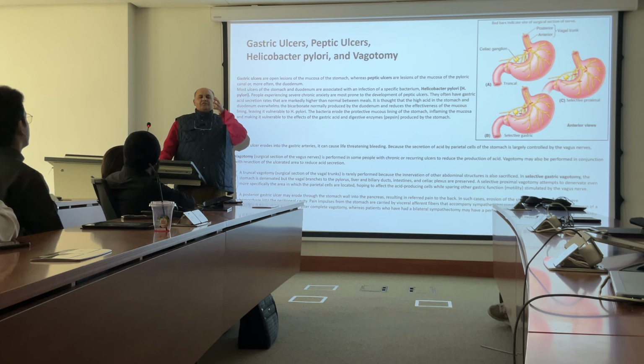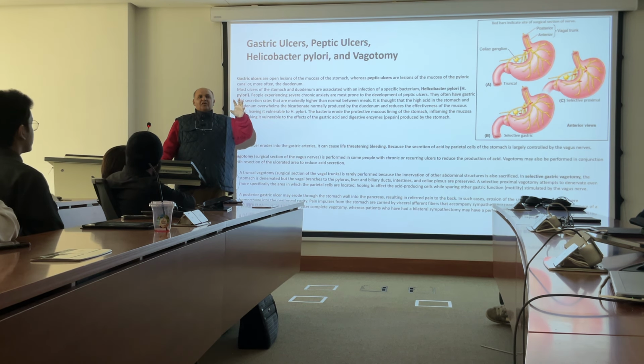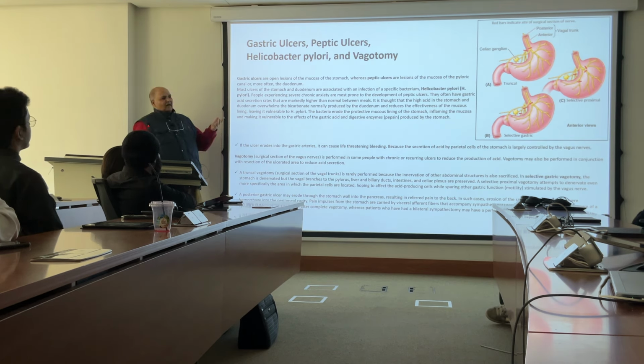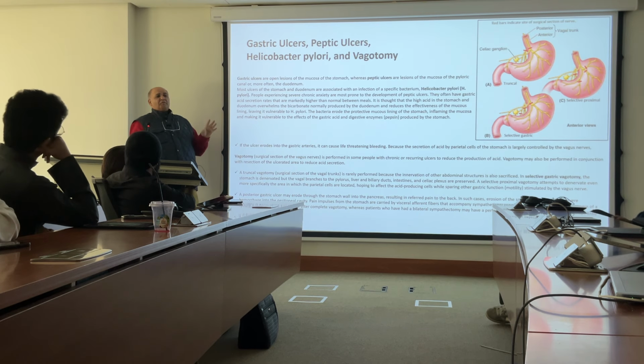So the vagus is being cut, not fully. Selective cutting decreases acid production in a person who has the problem. It was before those medications, omeprazole and all that. So highly selective vagotomy and all those things. You cut not the main vagus but branches of the vagus, and your patient gets benefit. He can live for some good years. Are you fine? It's not a cancer.